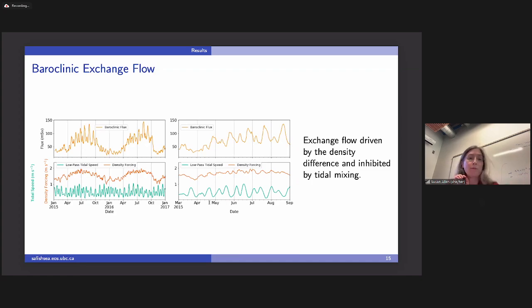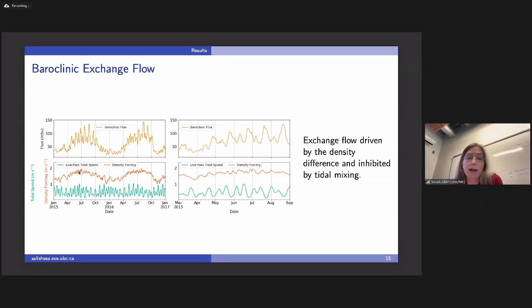On the left, I'm showing you 2 years. On the right, I'm showing you 6 months. In the bottom plot, I'm showing you the density difference between Victoria Sill and Point Roberts. That's the density difference across this region. You can see that it is low in the winter times and high in the summer times. And that's for 2 different reasons.